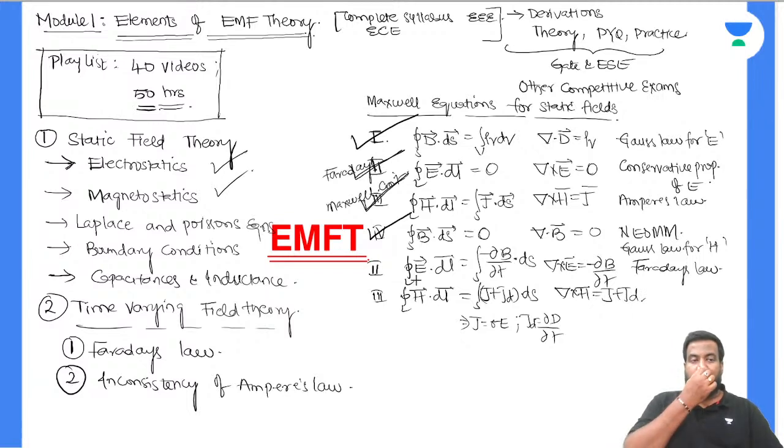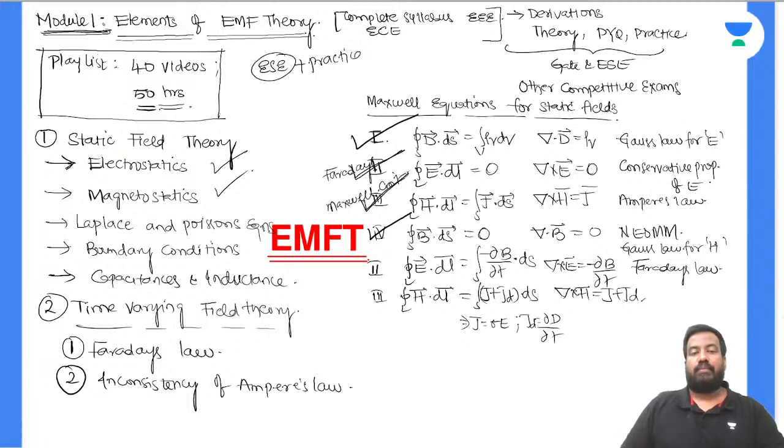Now, this is what we had covered in module 1. Still, I will add some more ESE derivations and practice questions later on. Right now, you can find some 50 hours of content with 40 videos in this exclusive series.